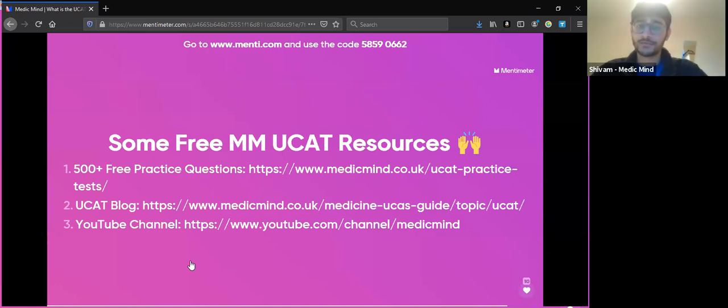So have a look into that in more detail. Just to clarify, SJT, the situational judgment, is band 1, band 2, band 3, and band 4. The majority of students will get around band 2. But do not underestimate it, because if you score a band 4 in the situational judgment, you cannot be accepted into any medical school.